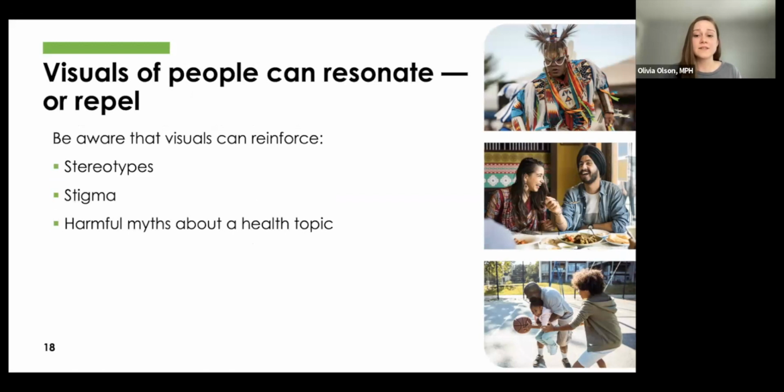Findings from various studies indicate that images of people also have the power to reinforce stereotypes and harmful myths about a health topic. For example, this was demonstrated earlier with that image of a gay couple that accidentally reinforced a harmful myth about HIV. So, how do you represent your priority audience without perpetuating stereotypes or stigma?